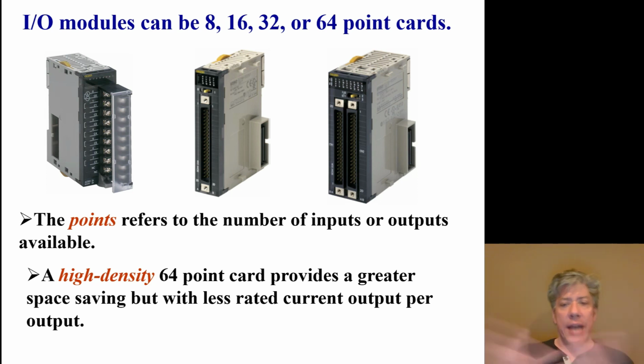And so the tighter you pack it in, the higher the concentration of switching elements, and therefore either you run out of space because they're relays and they're relatively large, or you run out of current capacity where you've got to fit 64 transistors or so into the circuit board in order to have one for each one of the output devices or even input devices. And you just run out of space. But there are high density modules, and typically they just can't handle as much load as the lower density ones.